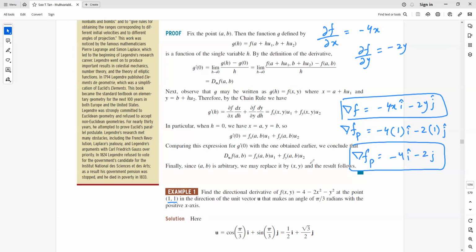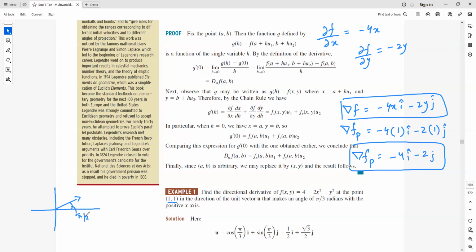Now we need to find the direction vector. The information given is that we need to find the directional derivative in the direction of the vector that makes an angle pi over 3 with the positive x-axis.